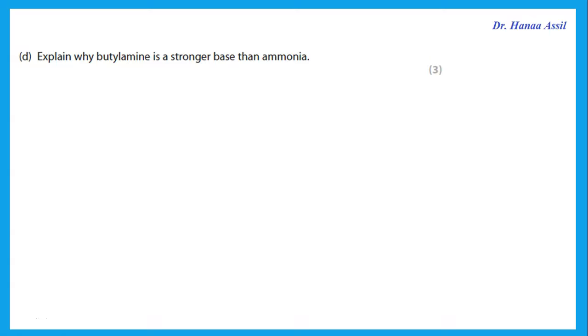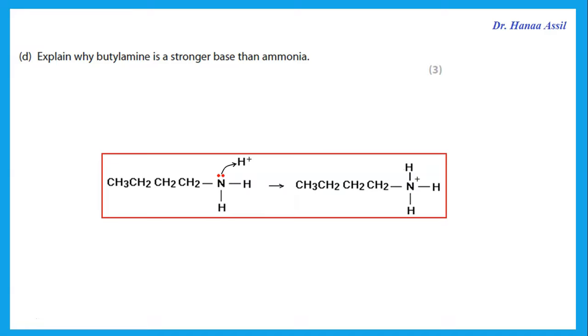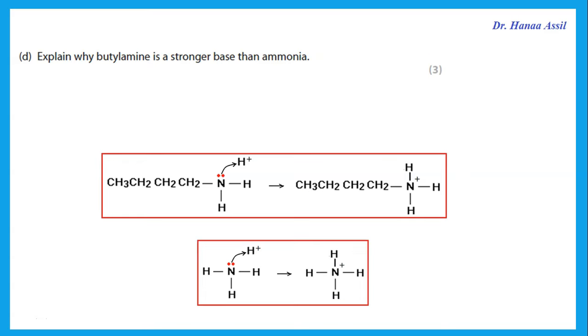Explain why butylamine is a stronger base than ammonia. Remember that we said butylamine is something that has nitrogen with a lone pair of electrons. Now, why is it stronger than ammonia? Both of them have lone pairs that can be used to make a dative bond to H+.